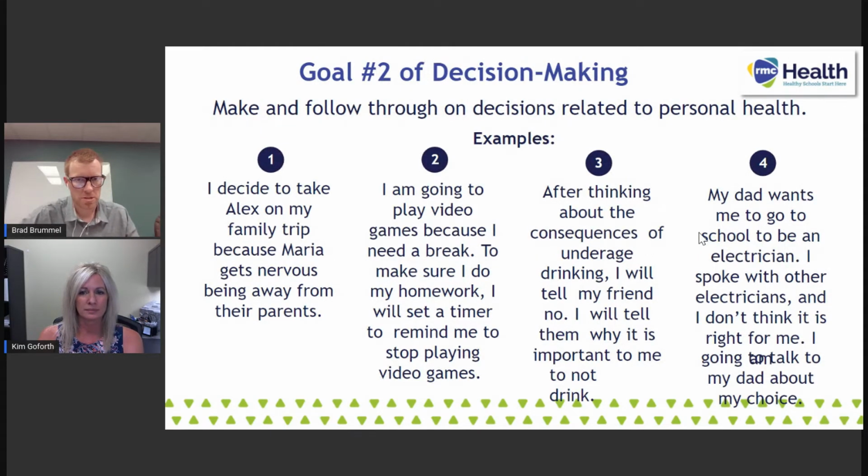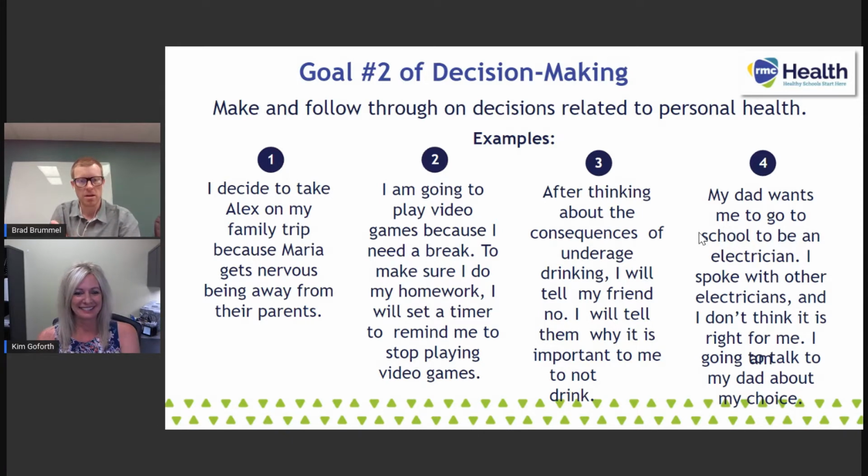Goal 2 of our decision-making skill is for students to be able to make, and then keyword here, follow through on decisions related to their personal health. A lot of times we can identify the healthy choice that we need to make, but the follow through is the part that sometimes we miss. Like, I know I need to go for a run when I get home from my office job today, but I have to be able to follow through on that healthy choice.